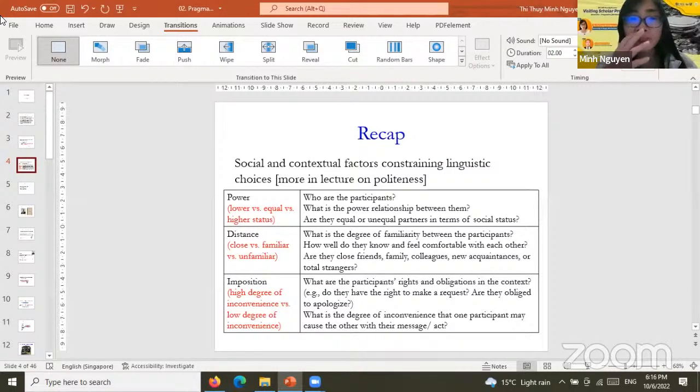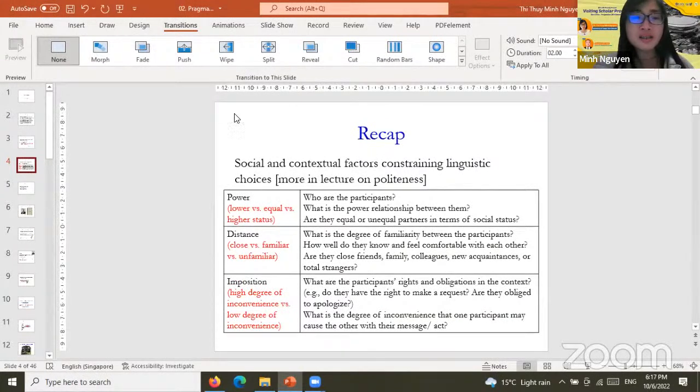Basically, there are three social and contextual factors that we always consider when we choose linguistic forms and means to express our meaning in interaction. These factors are power, the power difference between the speakers or language users, the social distance, and the degree of imposition.